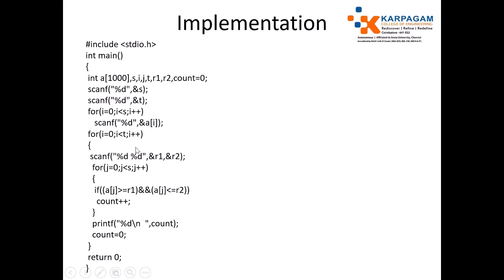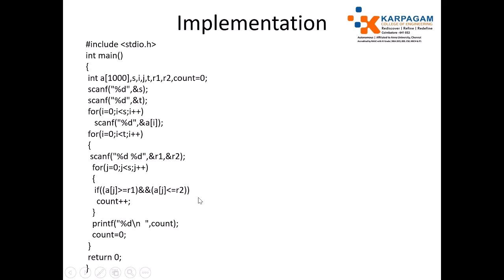Here, for every query, starting from 0 to t minus 1. For example, if we are giving 2, this loop will run 2 times. Okay, I'm getting the lowest range and highest range, and I'm scanning the array and checking whether the array element is greater than r1 as well as less than or equal to r2.